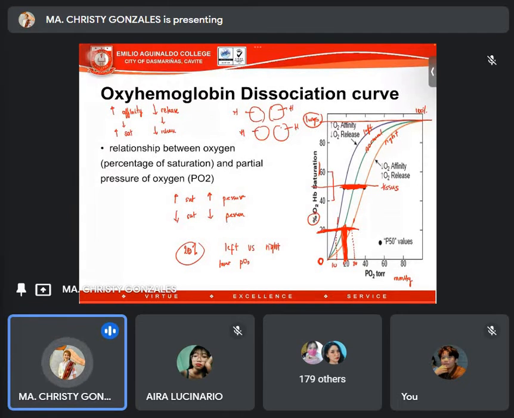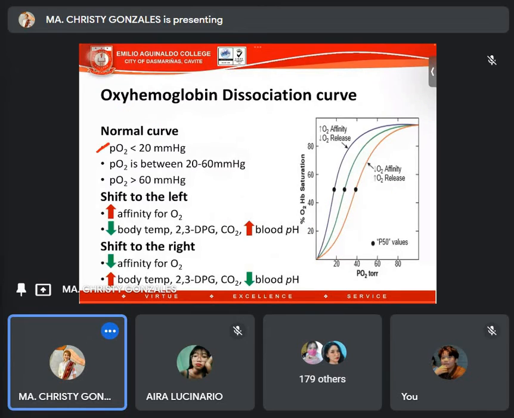Kaya nga, di ba, meron tayong 20, between 20 to 60 and more than 60. Ulit, ito, mababa ang saturation. So, pag mababa ang saturation, mababa ang affinity. Correct? Ito naman, sa tissues makikita, ito naman makikita sa lungs.